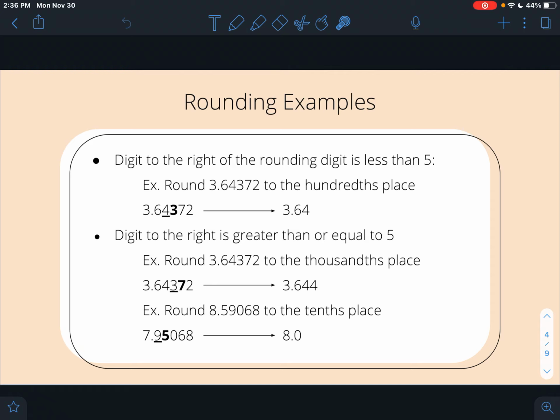By adding 1 to 9, it becomes 10. So the rounding digit becomes 0, and 1 is carried over to this digit here. Since 1 is carried over to this digit, we need to add 1 to 7, which is 8, so the rounded decimal is 8.0.